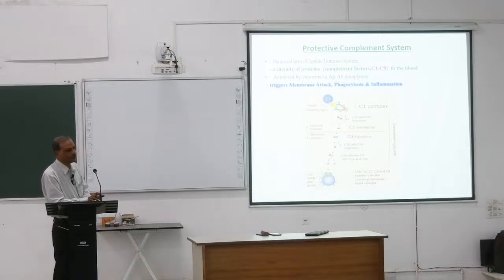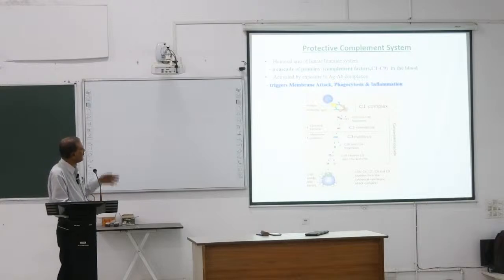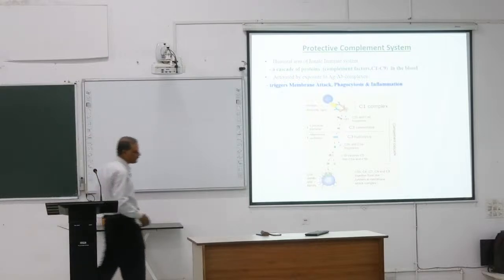It is also a cascade of proteins, just like coagulation; it gets activated, and the complement factors go from C1 to C9. The basic purpose of this complement system is to trigger membrane attack of the affected cells, be it bacteria, virus, or an affected cell, phagocytosis and inflammation. It is activated on exposure to an antibody complex.